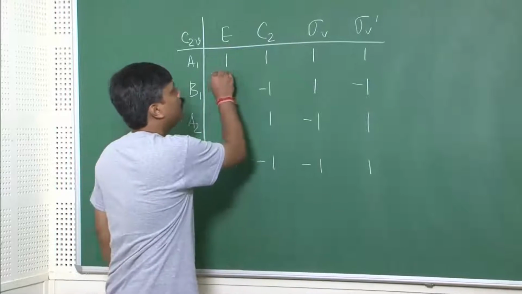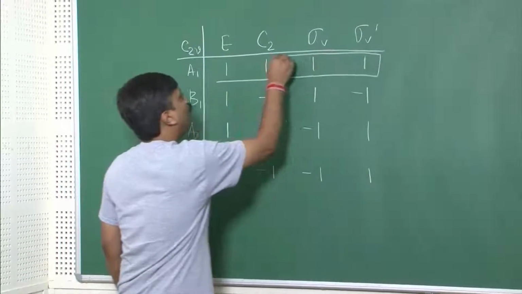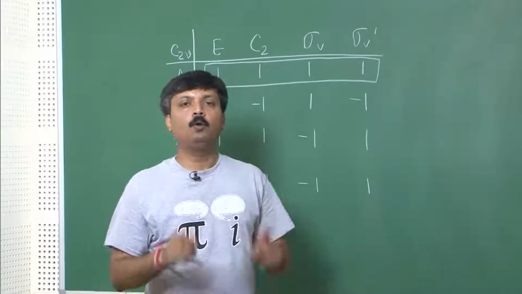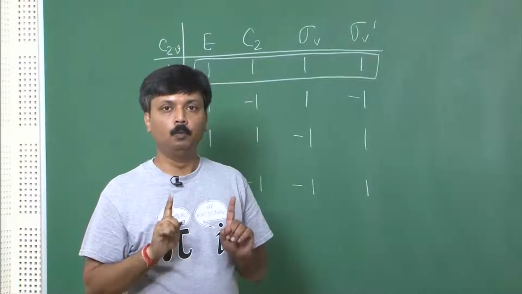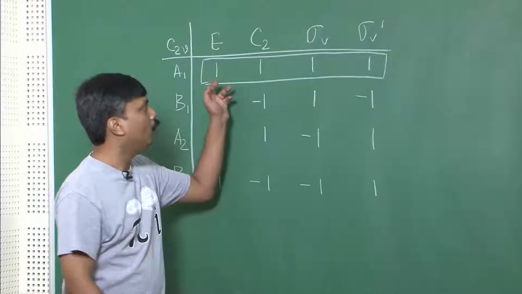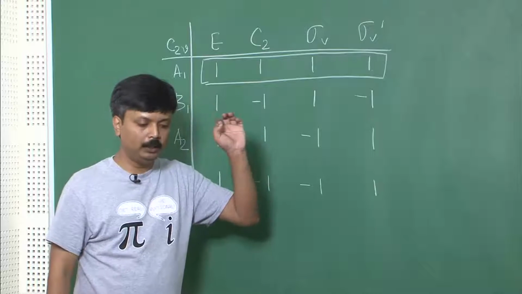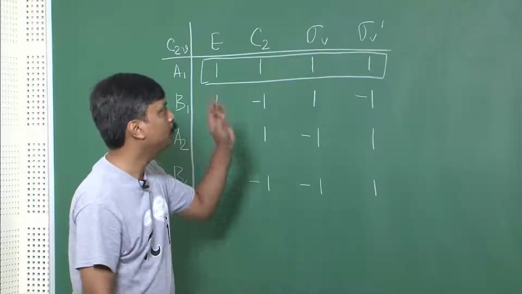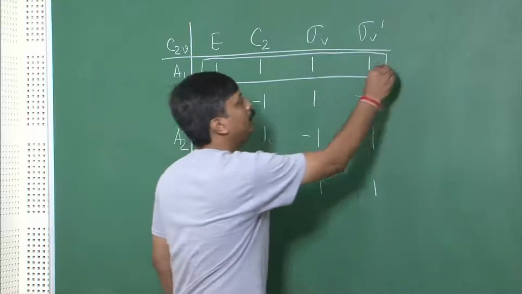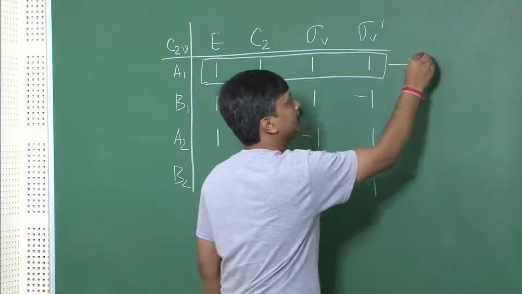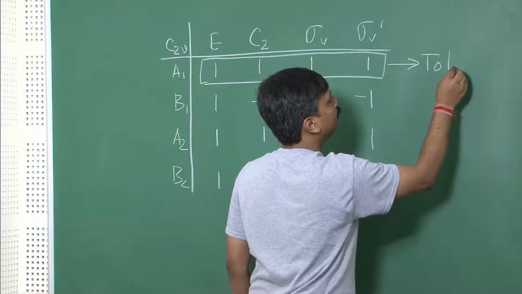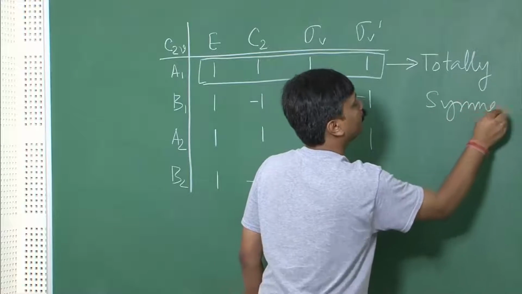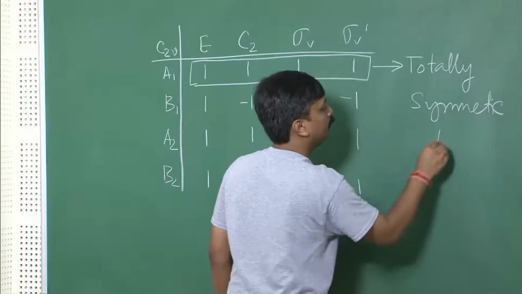In the character tables of all point groups, one irreducible representation will be such that the characters corresponding to all the symmetry operations are plus 1, and this particular irreducible representation is called the totally symmetric irreducible representation.